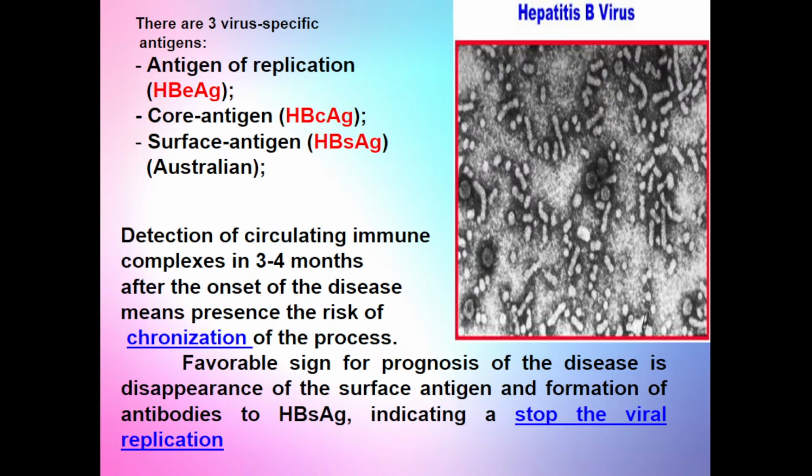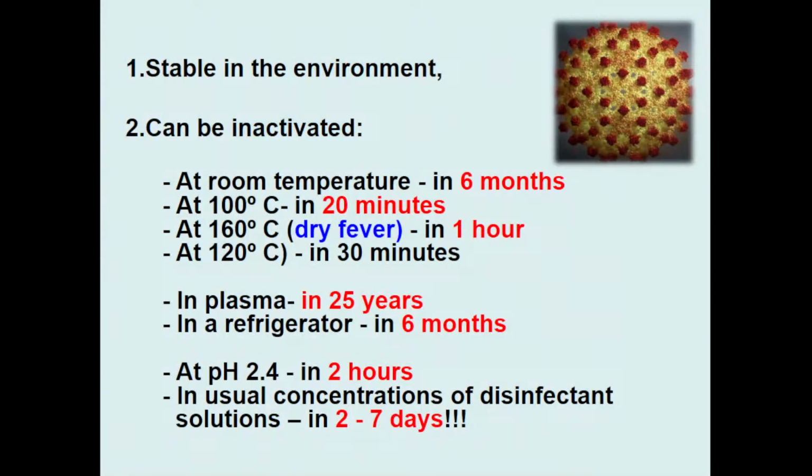Detection of circulating immune complexes 3-4 months after the onset of the disease means presence of the risk of chronization of the process. Favorable signs of prognosis of the disease are disappearance of the surface antigen and formation of antibodies to HBS antigen, indicating a stop of the viral replication.